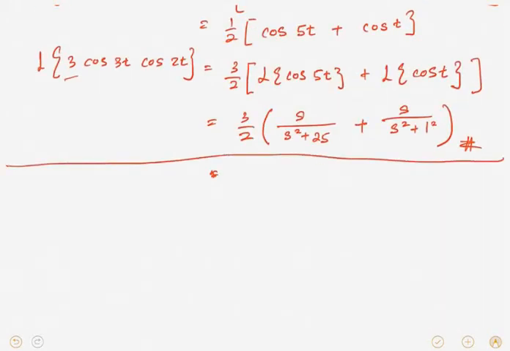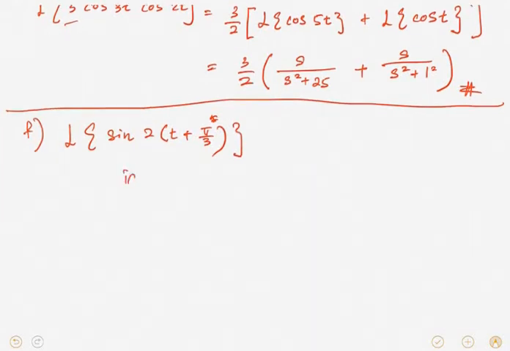Let me give you the last example: the Laplace transform of sine 2t plus pi over 3. Again, we need to use the identity sine a plus b equals sine a cos b plus cos a sine b.